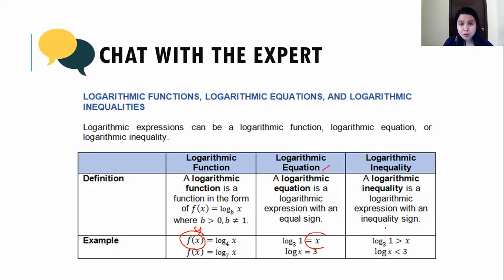And with the inequality sign, we call it a logarithmic inequality. But again, remember, your base should never be equal to 1, and your base must be positive, greater than 0. Another, your anti-logarithm must be positive.